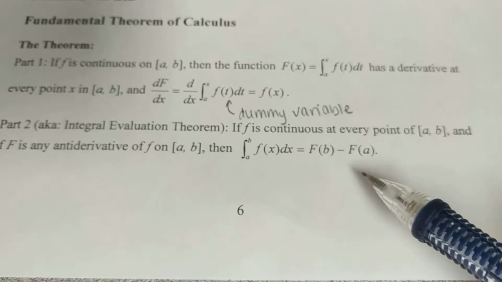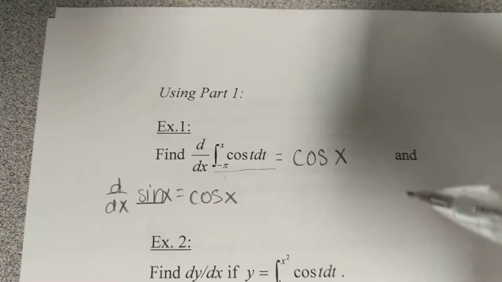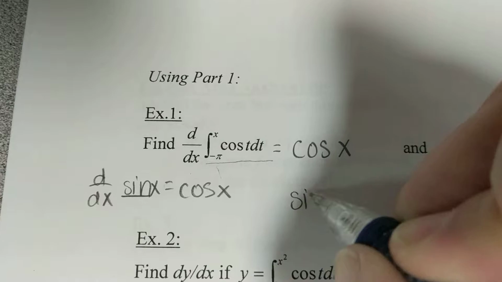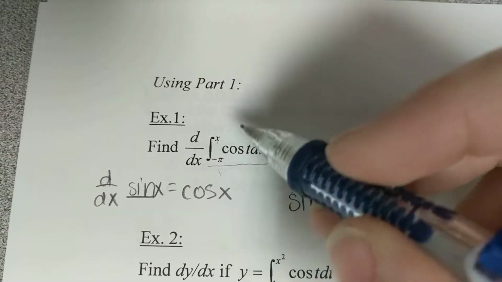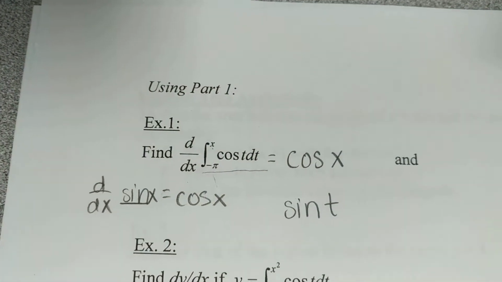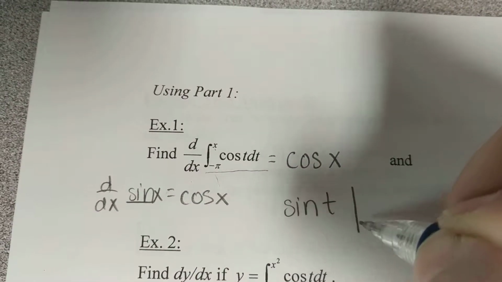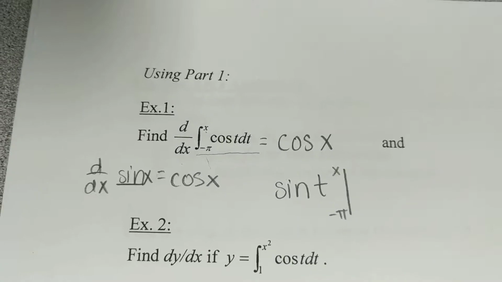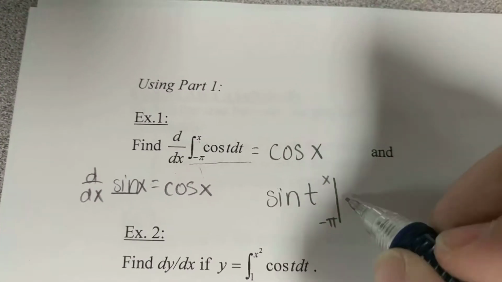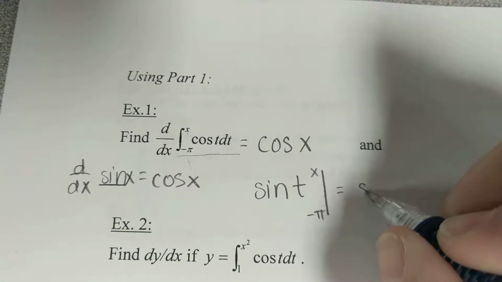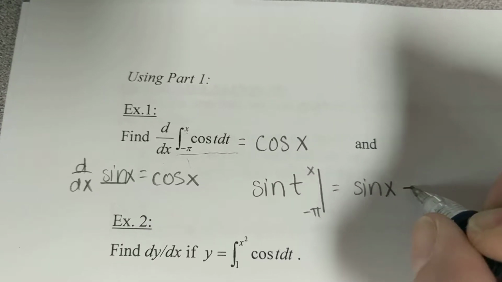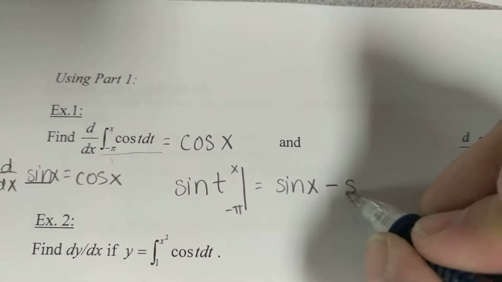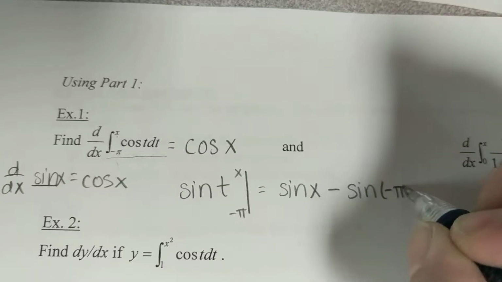And this is where part two comes into play when I'm proving this. So the antiderivative is sine of t, and we want to evaluate this from negative pi to x. So if I do that, I get sine of x minus sine of negative pi.